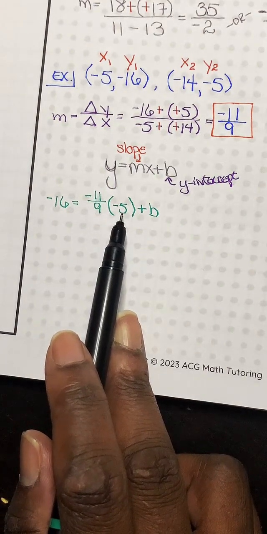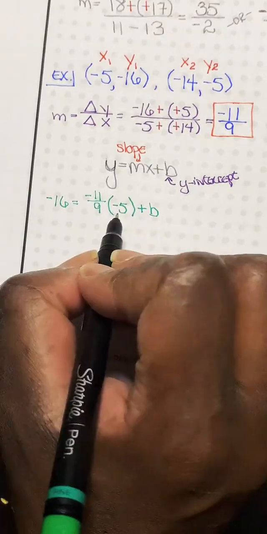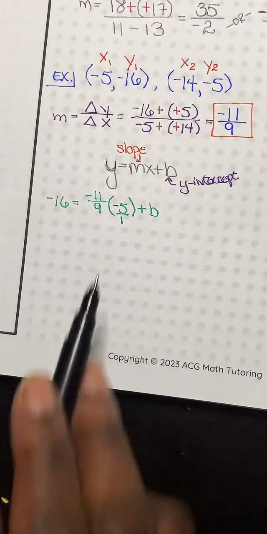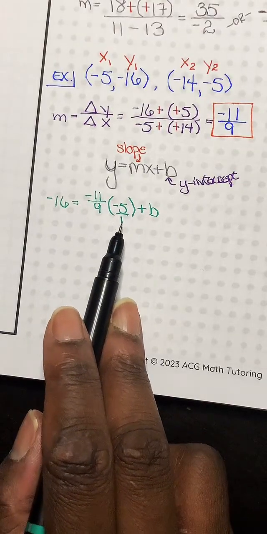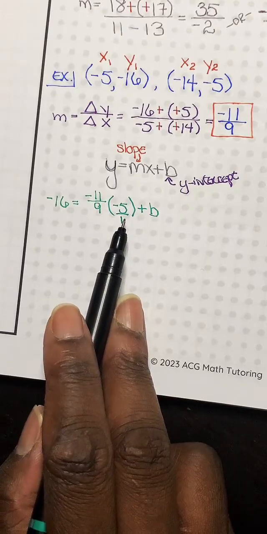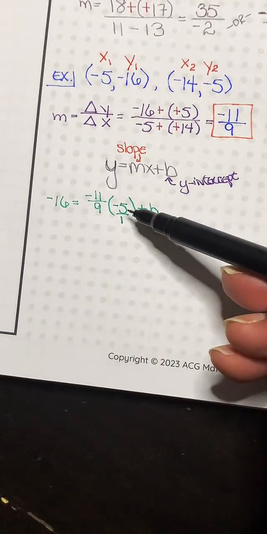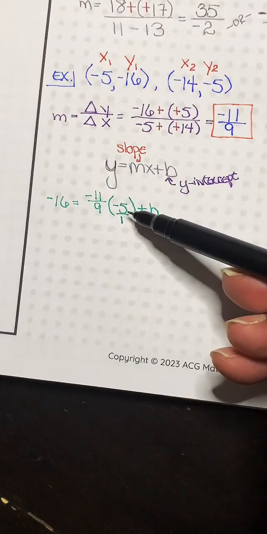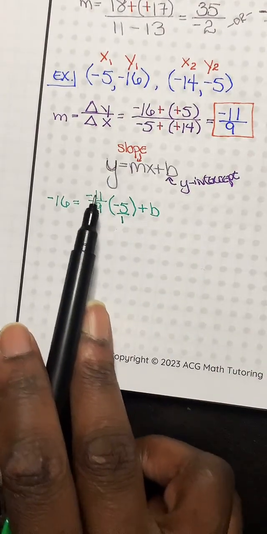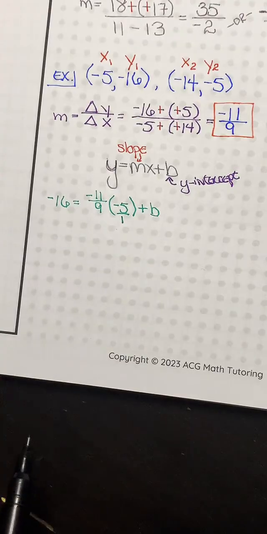And if you want, you can make that whole number into a fraction to even things out by putting that -5 over a +1. The reason we divide by 1 is because it doesn't change the value of the -5, but it helps us do the multiplying straight across.